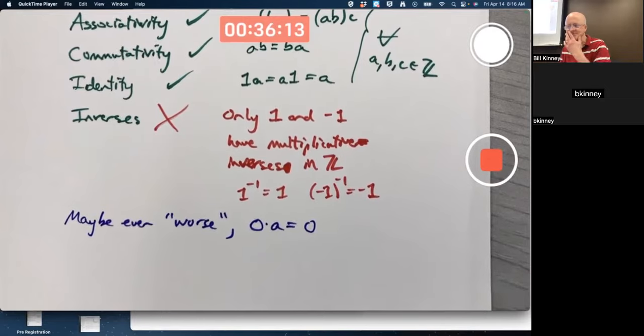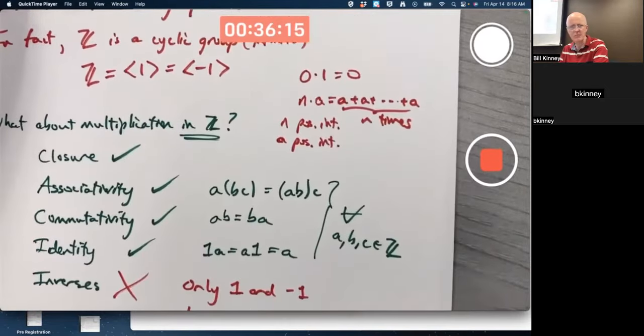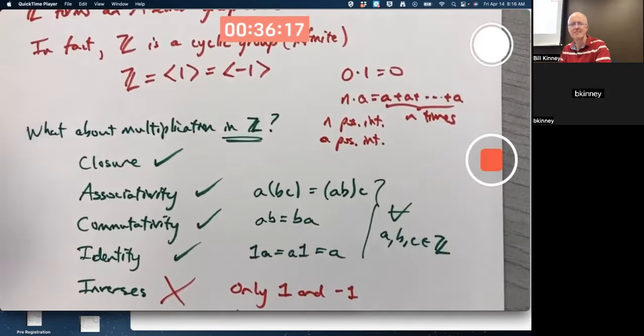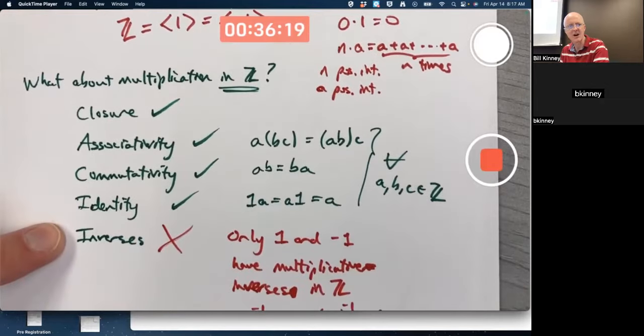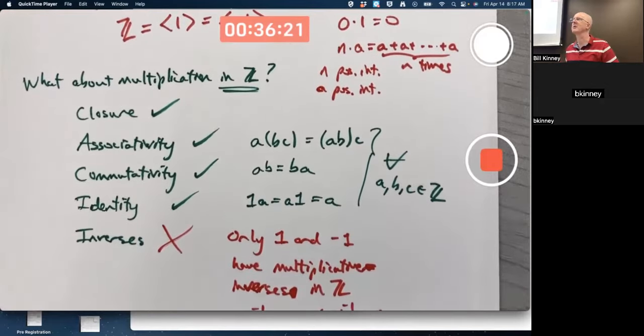So Z is a group under addition, but because inverses are a problem, it's not a group under multiplication. And even if you take out 0, it's still not a group under multiplication. Though if we, okay, here I'm already coming back to the observation.